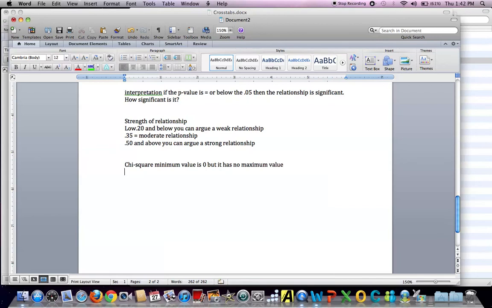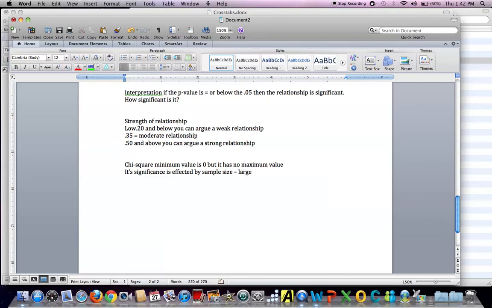Chi-square, like I said, we're using as an inferential statistic. Its value, or its significance, is affected by sample size. What does that mean? That means that lambda, gamma, and Pearson's R are not affected by sample size, but if you have a large enough sample, chi-square will be significant all the time.